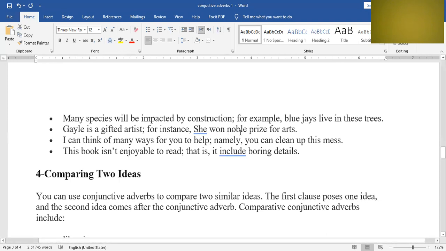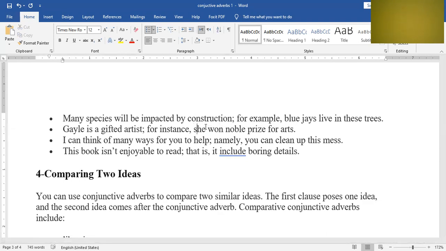She won the Nobel Prize for Arts. I think of many ways for you to help. Namely, you can clean up this mess. To support the idea of helping you, I advise you to clean this mess.